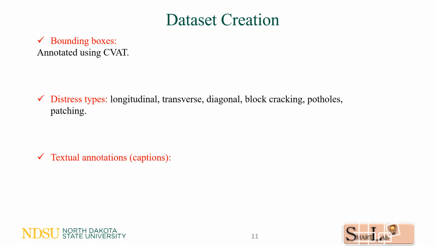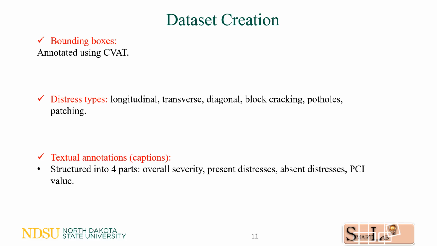For the textual annotations, or captions, we structured the captions into four parts: the overall severity of the distresses, the present distresses, the absent distresses in the pavement, and the pavement condition index. The annotations were created by pavement engineering experts, who followed a standardized template.